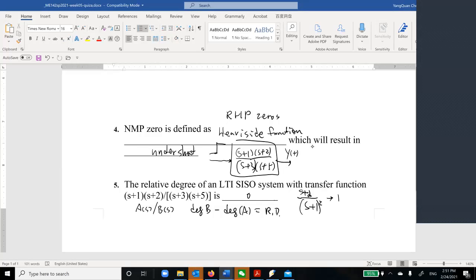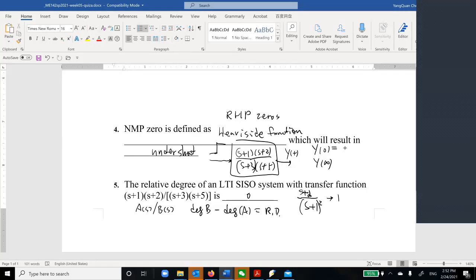But without solving, I want you to tell me what is y0? What is y infinity? Can you tell me? In this case, you need to use the initial value theorem.